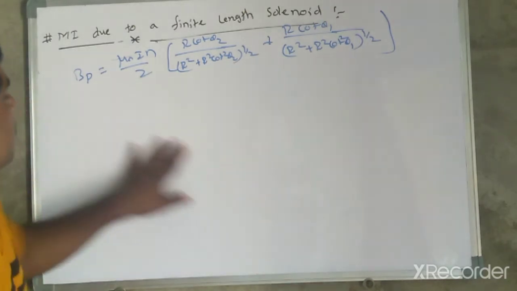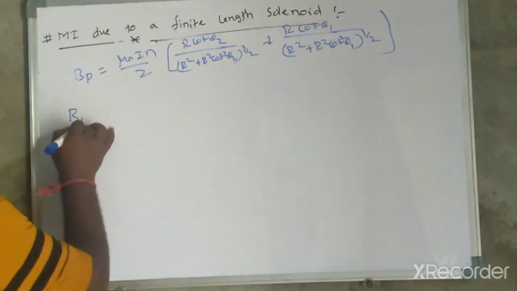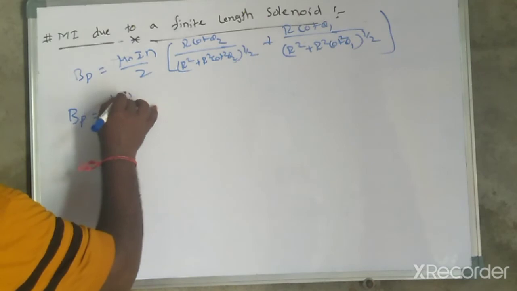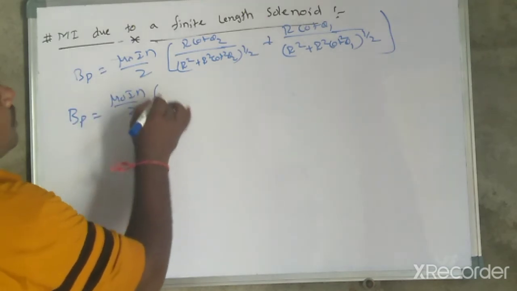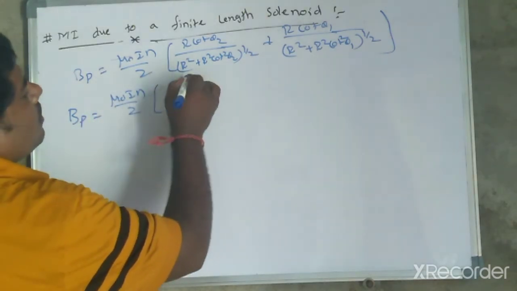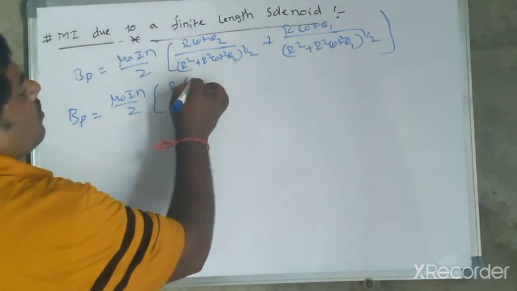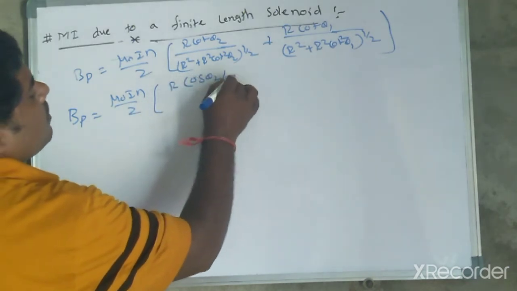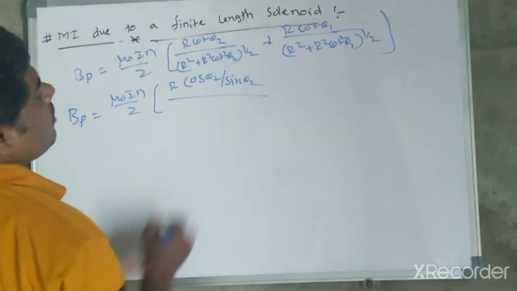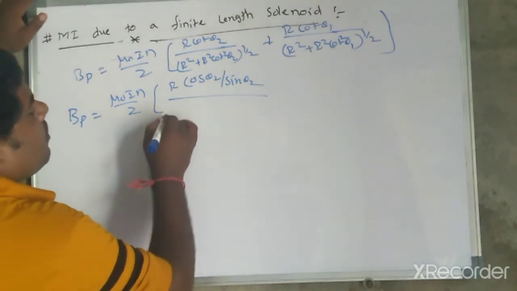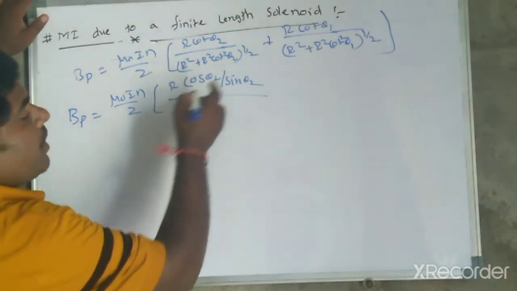So dB is equal to mu naught I n divided by 2 into r cot theta 2, nothing but cos theta 2 divided by sin theta 2, whole divided by r square taken out common, whole power 1 by 2.